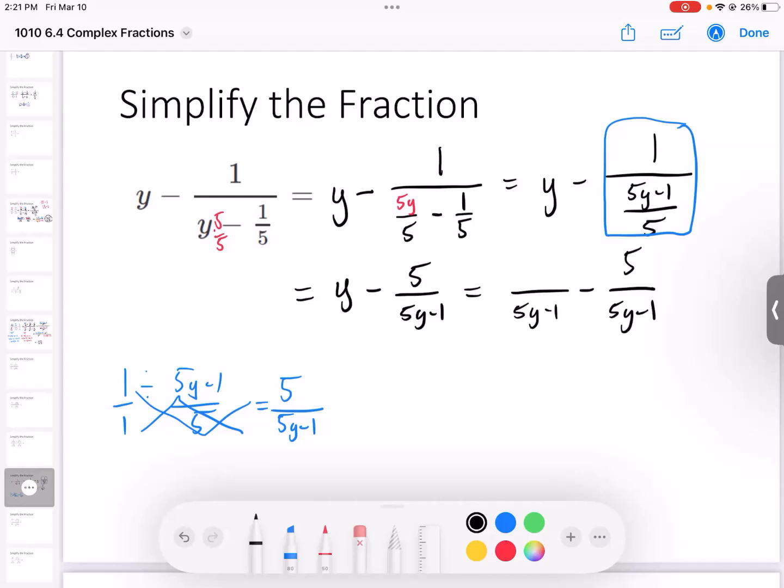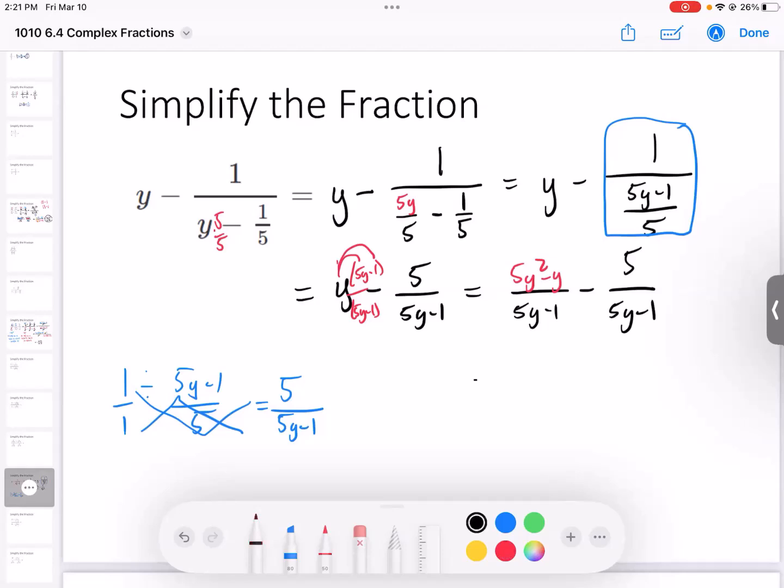Now this fraction will stay the same, but to get y to have a denominator of this, I need to multiply by 5y minus 1 on the top and on the bottom. And so when I do y times 5y, that gives me 5y squared. When I do y times -1, that gives me -y. Is everybody good with that?